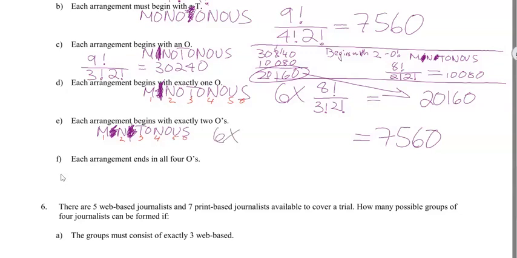That's 6. And then one of those is gone, so we now have 1, 2, 3, 4, 5, 6, 7. But 2 of them are N's, and 2 of them are O's, and I'm told that that's equal to 7560.